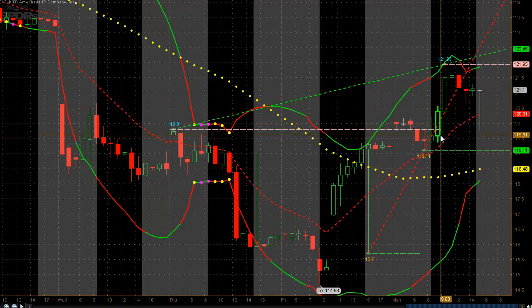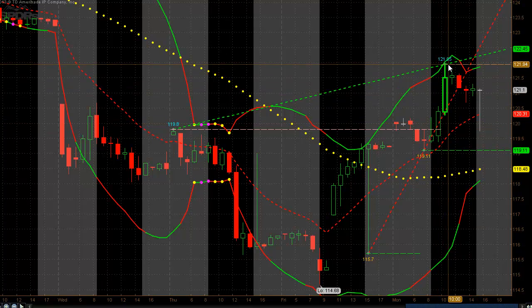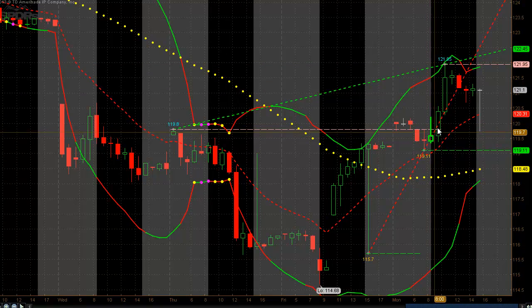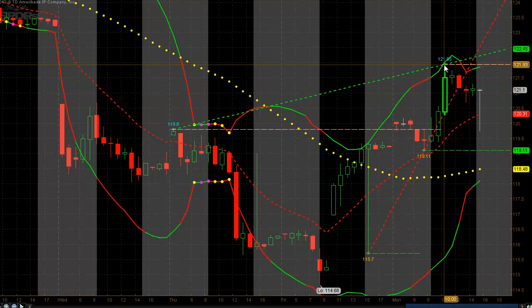So on this break to the upside here, I went long a call spread on GLD, and when it spiked up to this top here, I took off half position. At about 10, an hour later, I took off half that position and made 27% return on my call option spread, and I still have half of it on, so I'll see what happens.